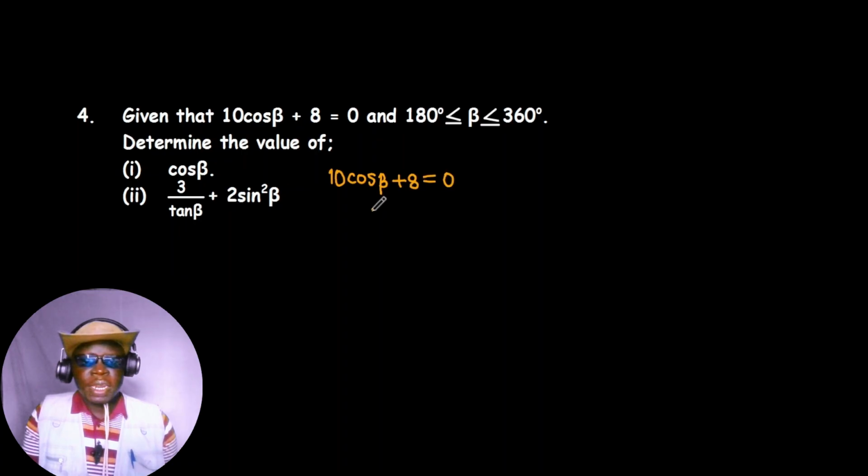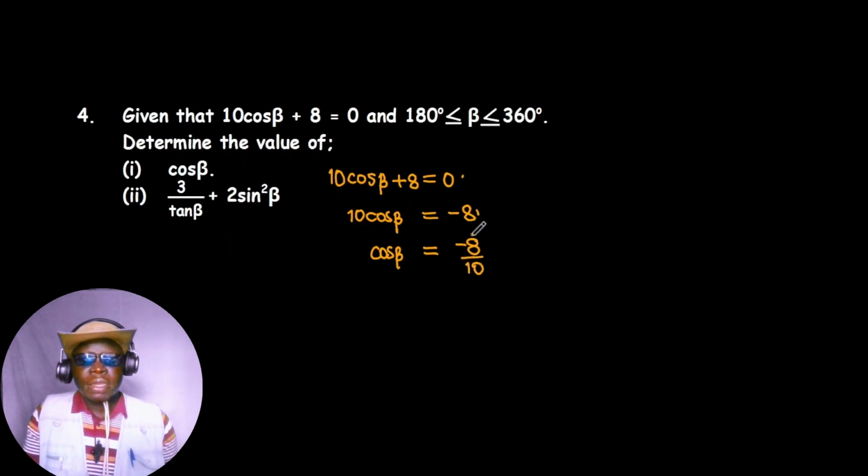So taking this to the other side, we have still our 10 attached to cos of beta, and this must give us negative 8. So from there, we need to remove this coefficient of cos beta by dividing everything by 10. So we're left here with cos beta is the same as negative 8 all over 10.